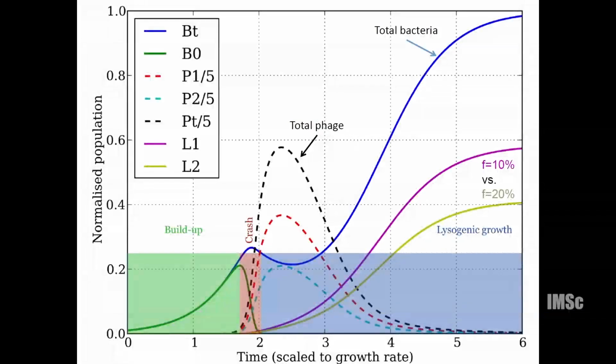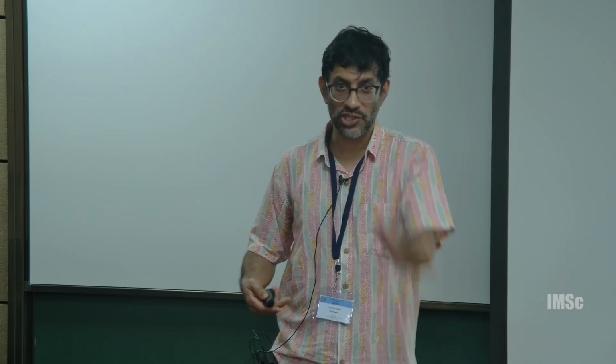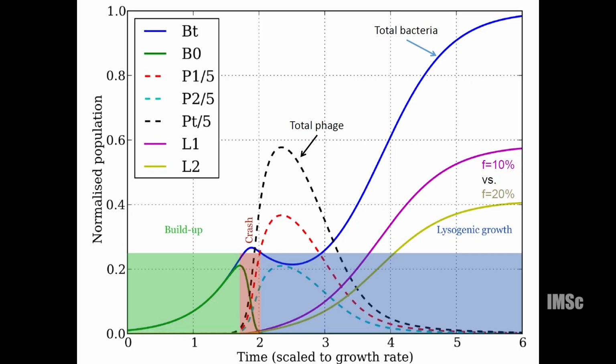As I told you, each virus infects a bacterium. Somebody was asking, can one virus wipe out a whole colony? Yes, it can, because the viral numbers can shoot up very quickly, since that is itself an exponential process. Each virus infects, produces say 100, which go infect 100, which produce 100 more. But the bacteria themselves are growing exponentially.